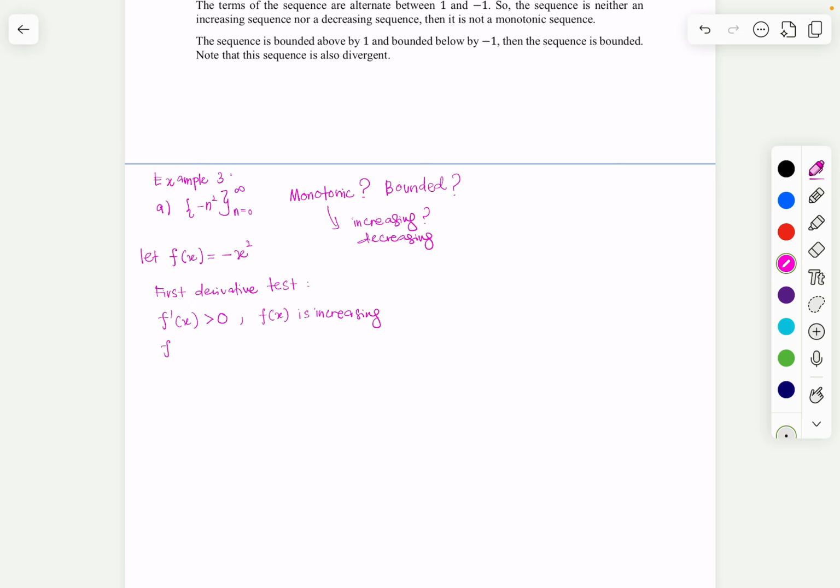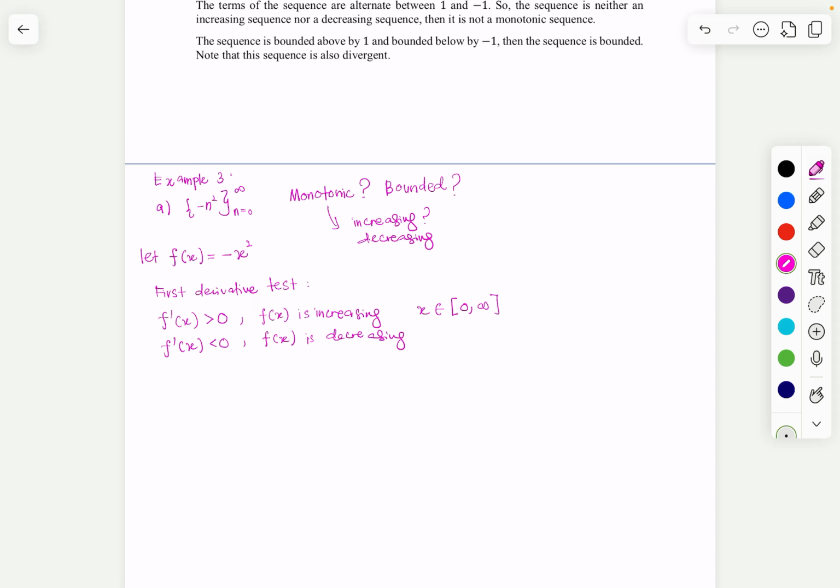And if you find that the first derivative is negative, then the function is decreasing. Of course, this is provided that x is within some interval. In this case, n starts from 0 to infinity, so I would write that x has the interval from 0 to infinity.